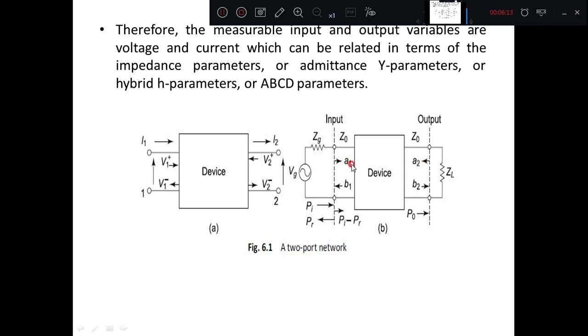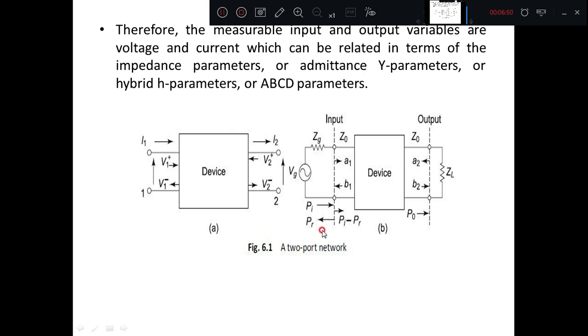This is incident, this is reflected at the input port, and A2 is the transmitted, while B2 is the reflected, that is the return signal from port 2 to port 1. Here we have the incident power, that is the input power Pi, and here you will get the output power P0, and out of the incident power, some of the power is reflected, which is given by PR.